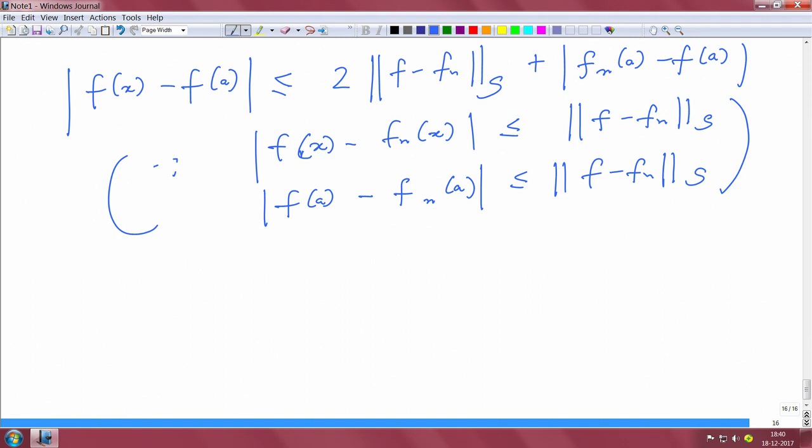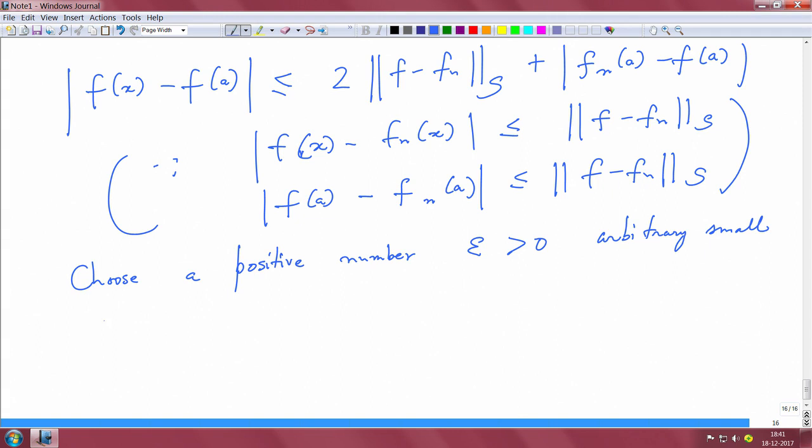Now we are seeing the trick here. Now we choose a positive number epsilon which is greater than 0, arbitrarily small, such that the norm of f minus fn heads to 0 as n goes to infinity.